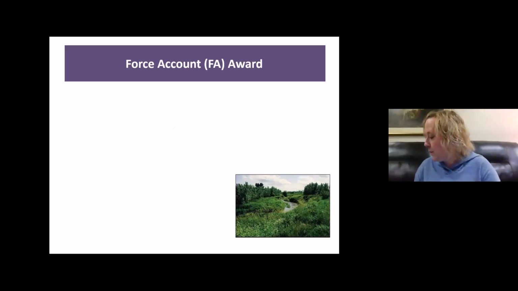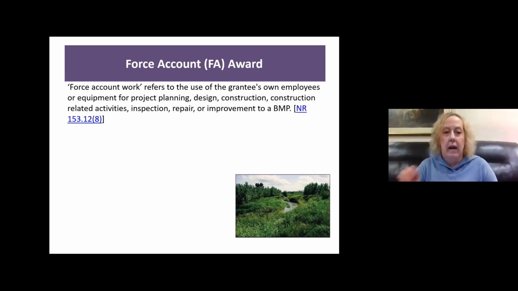So the other type of expense associated with staff activities is the force account award. And force account work refers to the use of your own employees or equipment for project planning, design, construction, inspection, repair, or somehow improvement to a BMP.